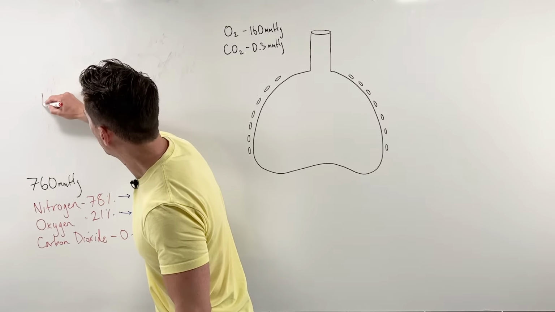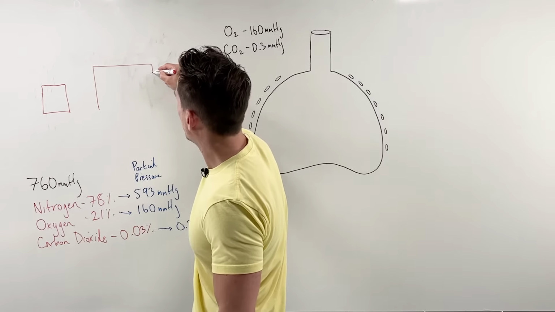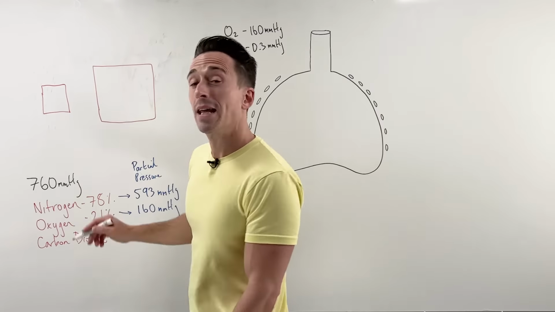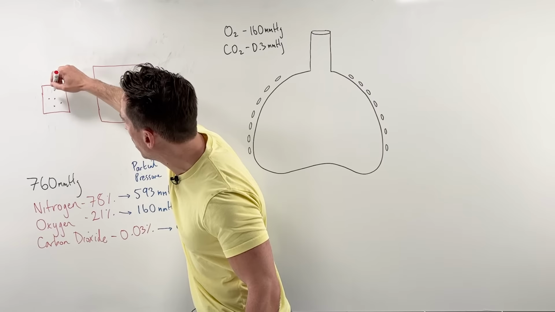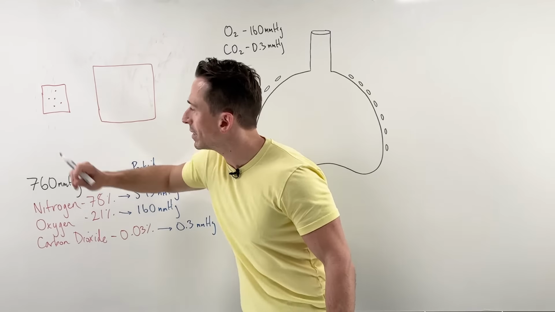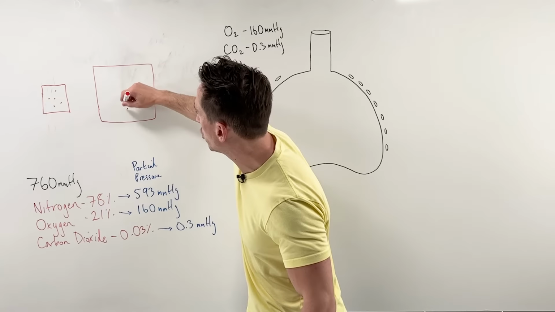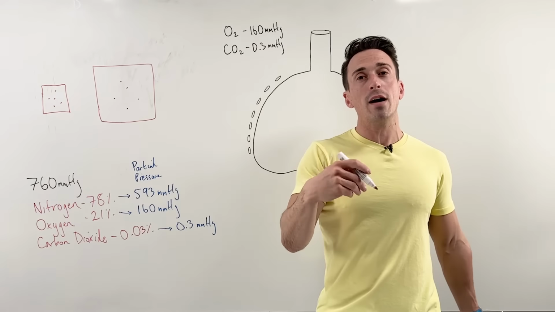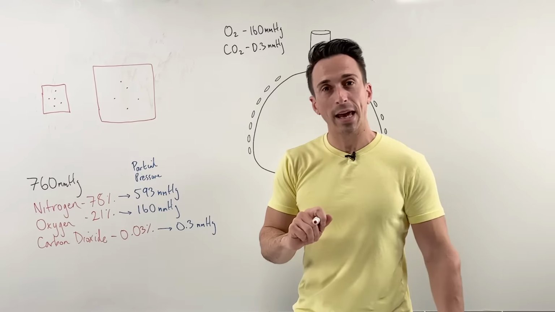I've got a small container here and I've got a larger container here. Now let's just say I had 5 oxygen gas molecules present in that small container, and I have the same number present in this one. 1, 2, 3, 4, 5. So both have 5 oxygen molecules present within each.